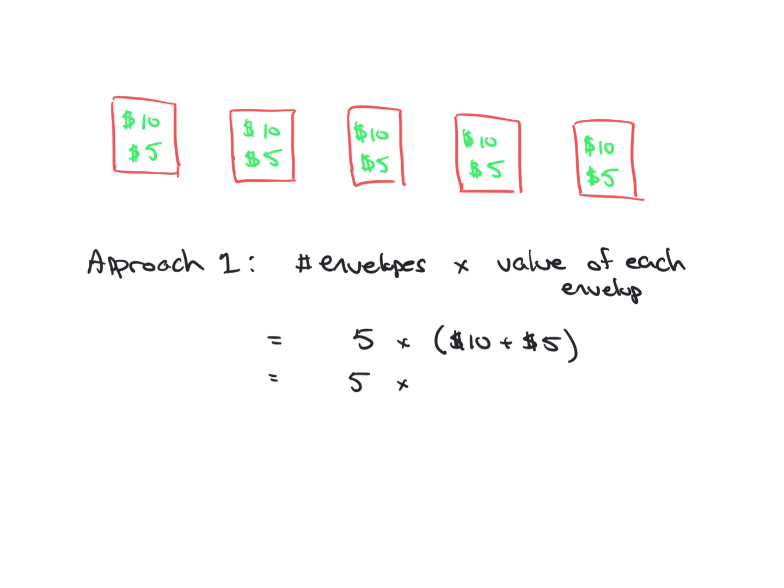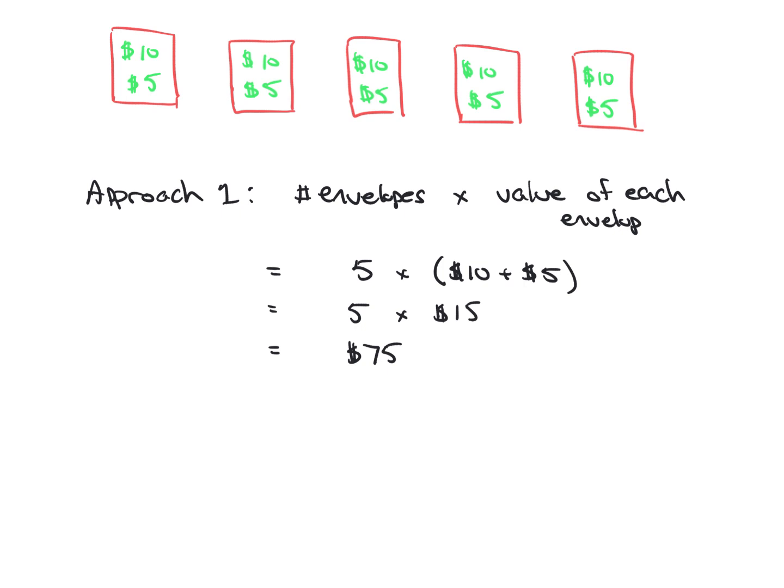That'll give you $15. So the amount of money you have will be 5 times $15, and that ends up equaling $75. Okay, so that's one approach, and that's strictly following BEDMAS, the order of operations. We calculate the brackets first and then do the multiplication after.